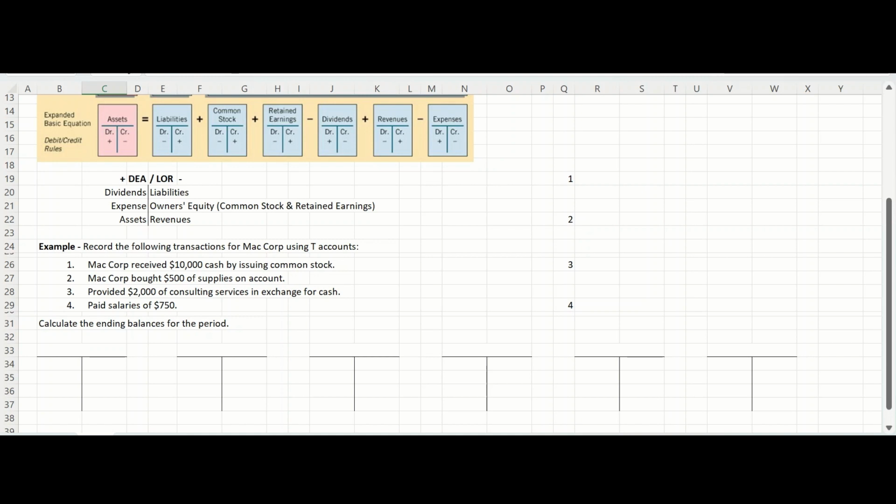So Mac Corp is receiving cash, so we have cash increase. And then they receive cash by issuing common stock, so common stock is also increased.